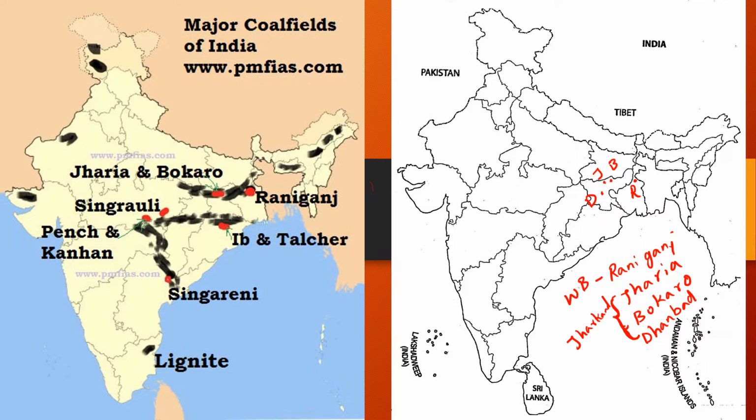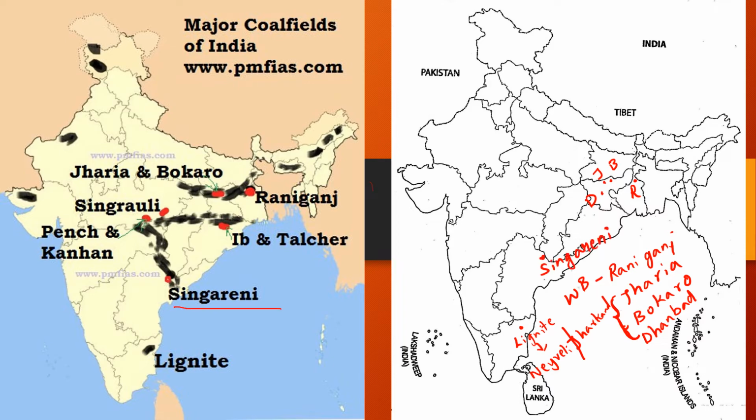Other places like Neyveli have one coal field, which is what we call lignite. Neyveli Lignite Corporation Limited is there, and this is where lignite is produced in India. You know the name of the place, right? It is Neyveli.